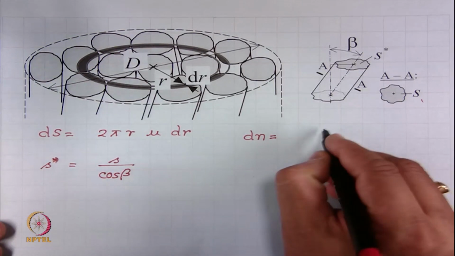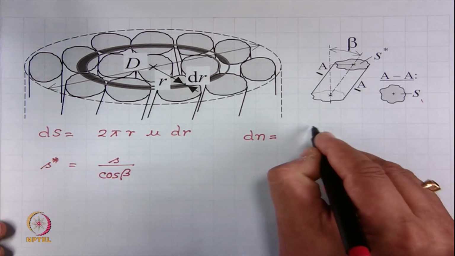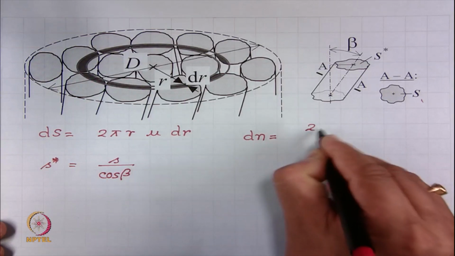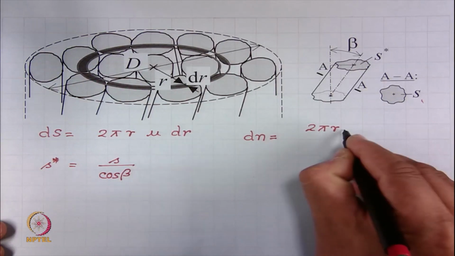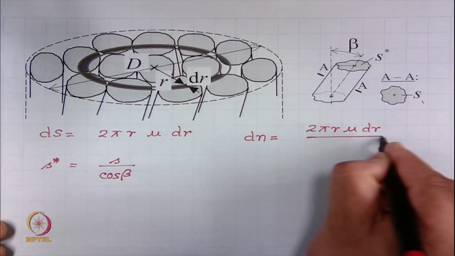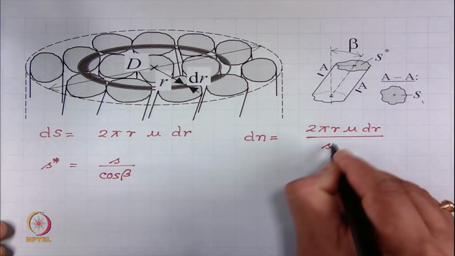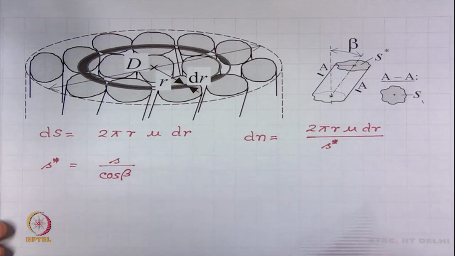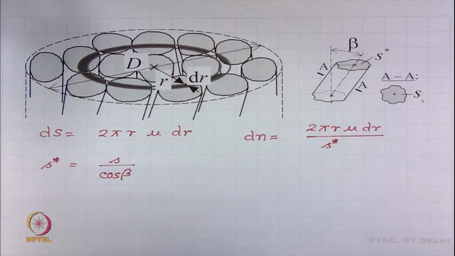So, total area is your 2 pi r mu dr divided by section area S star, is not it?